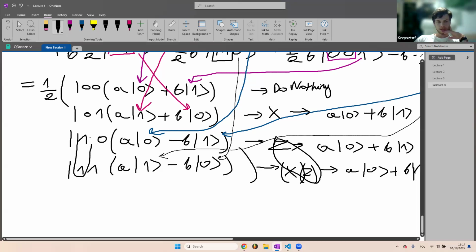So these two bits correspond to applying the Z operator. Yes, now I'm back on track, let's say.